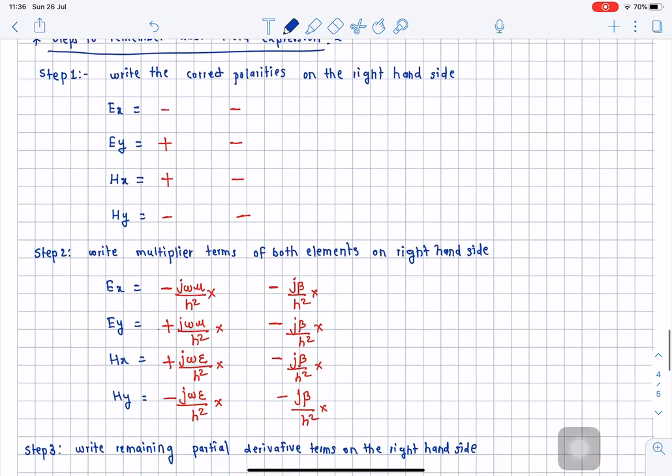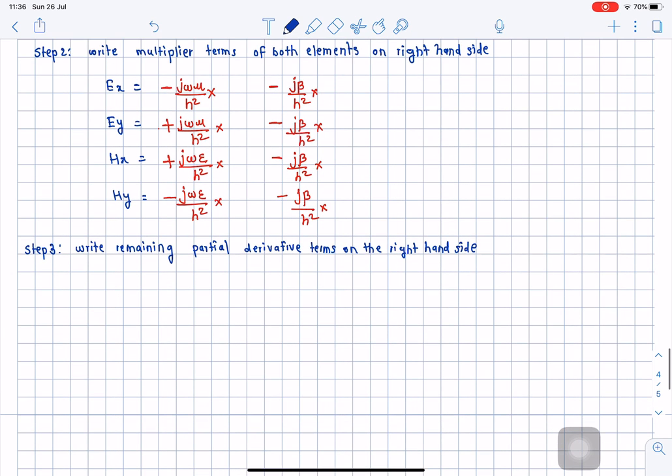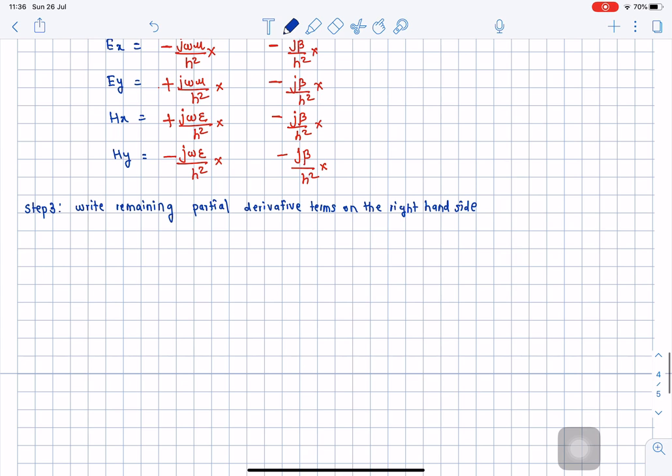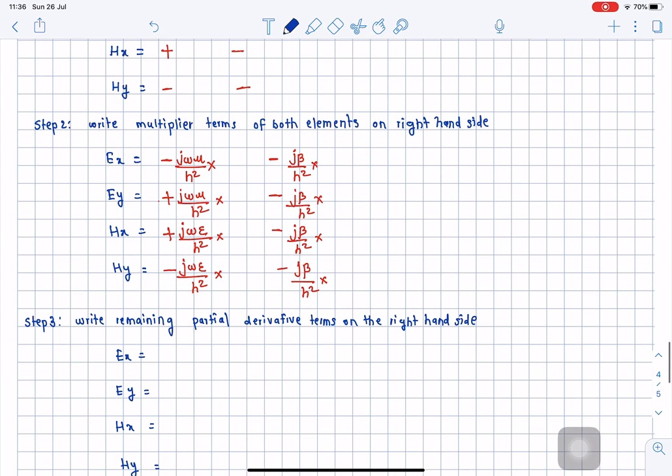To write these terms, you need to first repeat and rewrite the first two steps. What are the first two steps? I will rewrite Ex, Ey, Hx and Hy. You need to recall them in this order.